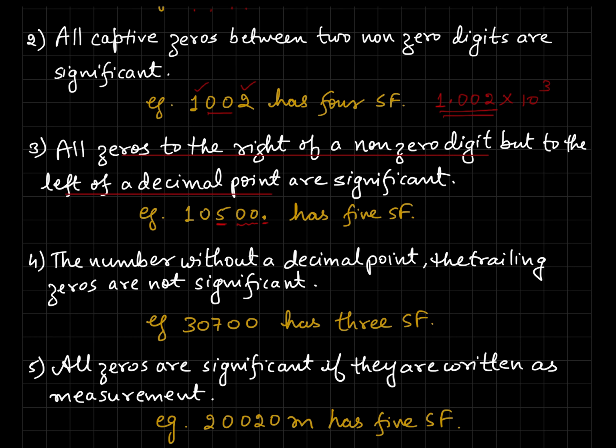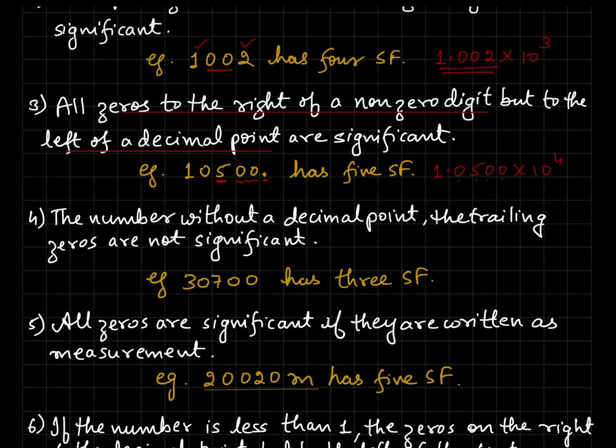So these will be counted, because in standard form I will write it like this: 1.0500 into 10 raised to the power 4. It means my instrument is measuring up to 4 decimal points; it is that much accurate.